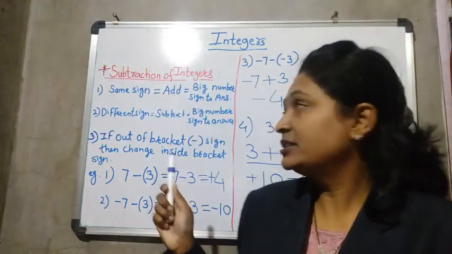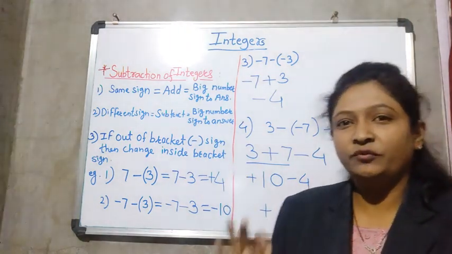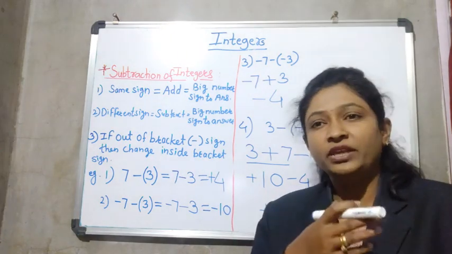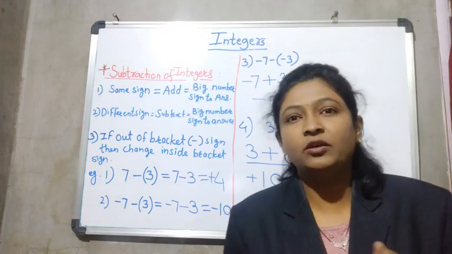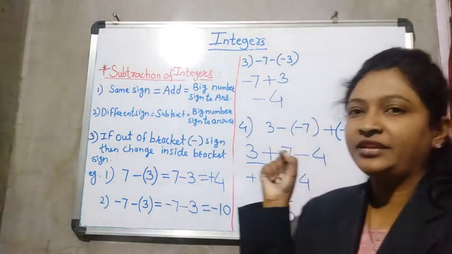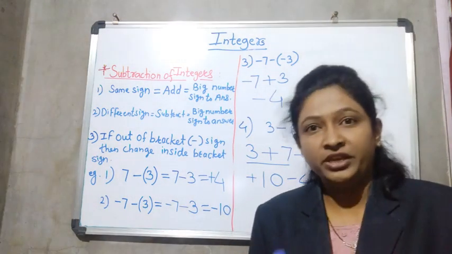Students, understand this subtraction of integers. Addition and subtraction of integers are very important, because students solve all the equations, even 9th and 10th students solve all the examples, but because of the sign only they lose their marks in maths. So this integer lesson is very important.